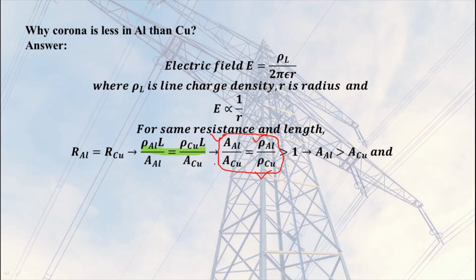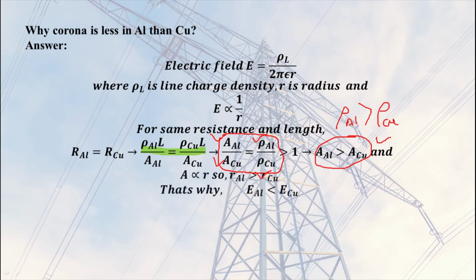And we know that resistivity of aluminium is greater than resistivity of copper. So we get resistivity of aluminium greater than resistivity of copper. It gives area of aluminium greater than area of copper. So we can say that for same resistance, area of aluminium will be greater than area of copper.